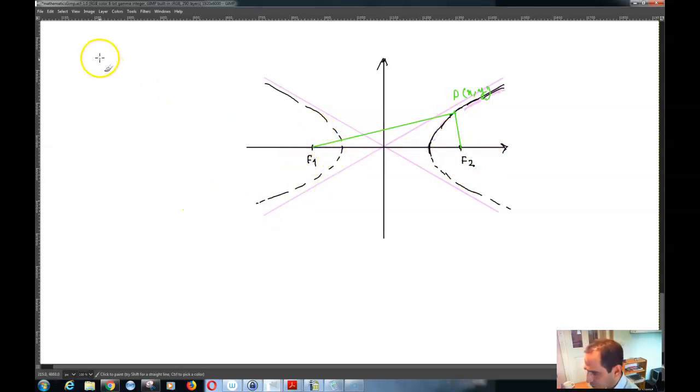So you can write PF1 minus PF2, which was the definition of the hyperbola: this distance is always a constant value. We need some way to calculate that constant value.